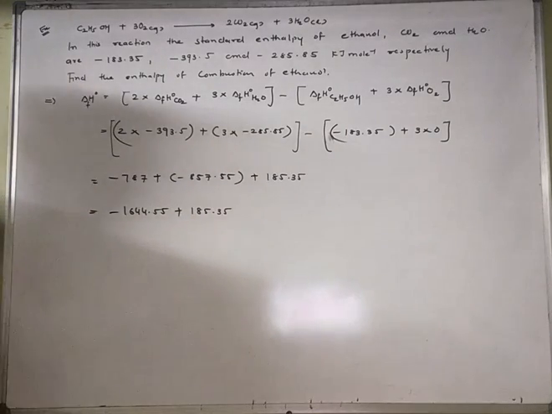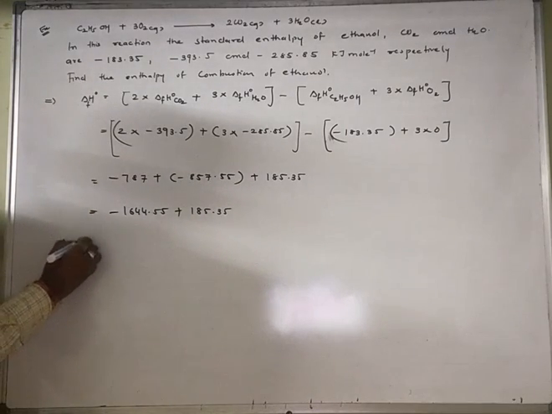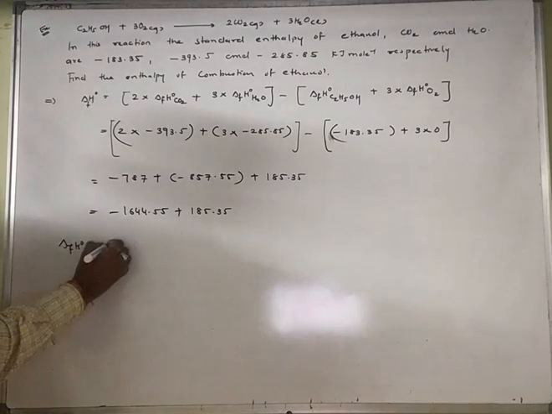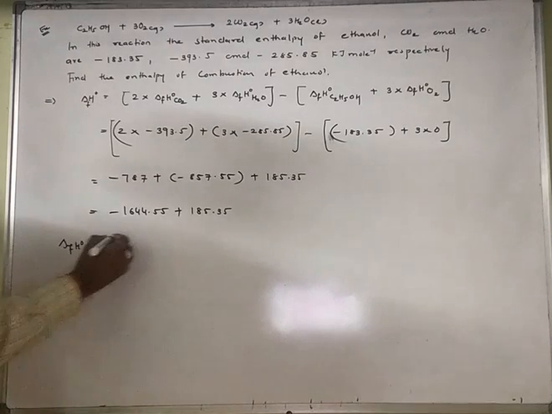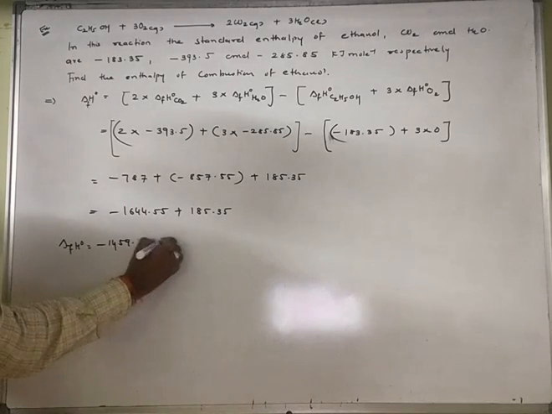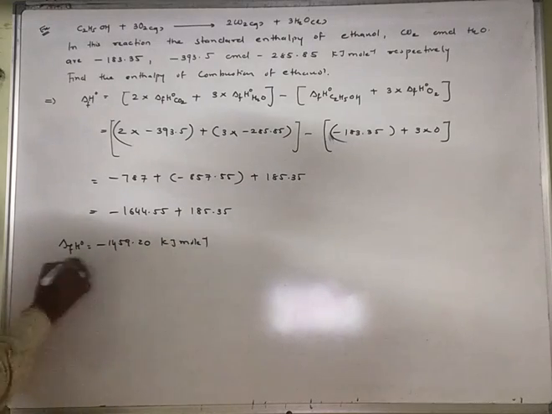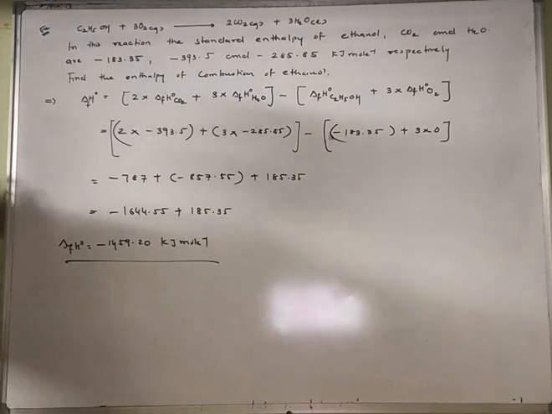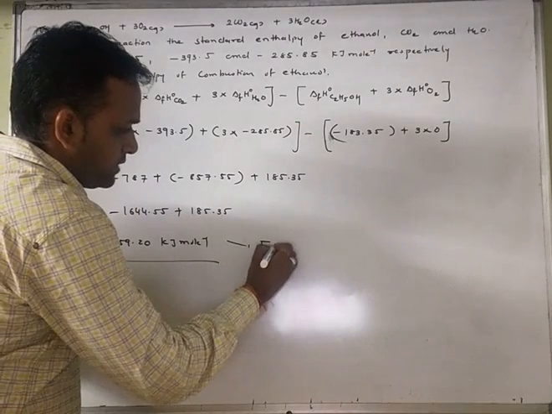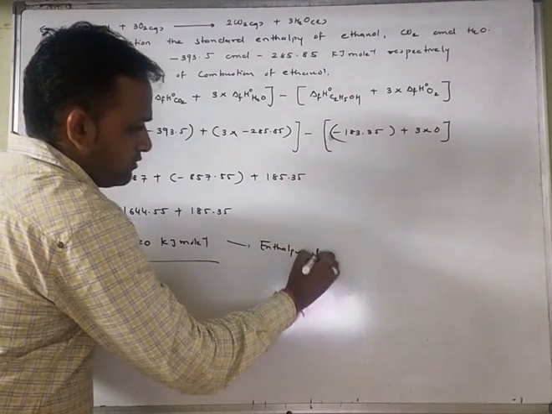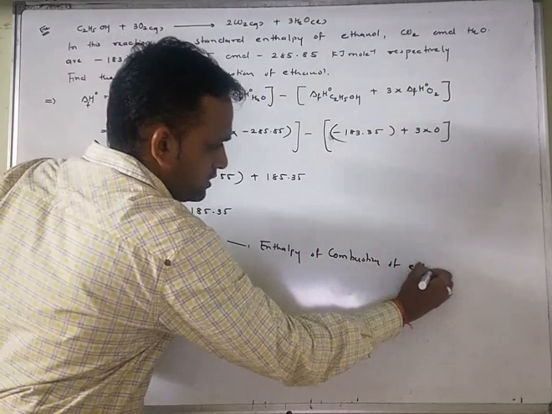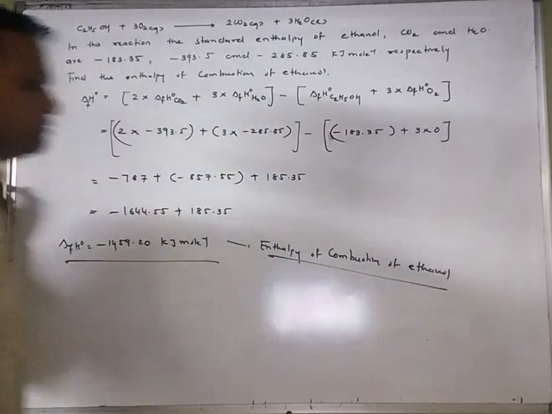So plus minus minus, so you can get delta FH0 that is equals to minus 1459.20 kilojoule mole inverse. Okay, and this we can say as the enthalpy of combustion of ethanol is this much. Understand? Okay, write down.